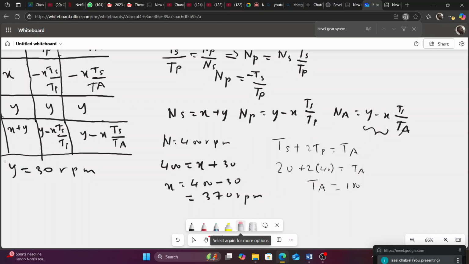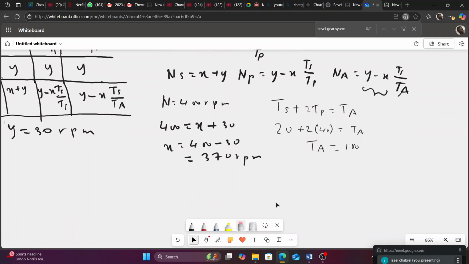Now, what is happening here? Now that you've got everything, you can solve for the speed NA, guys. You can literally do it. You know NA is 1 minus X TS over TA. You also know what is Y. You know Y is 330. You know X is 370. What is TS, guys? TS is 20. TA is 100.